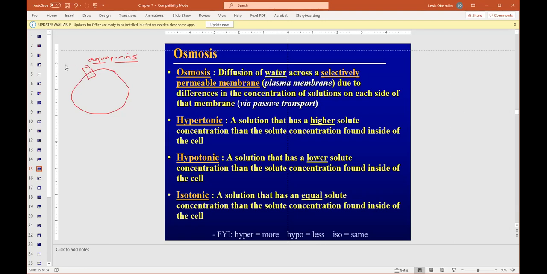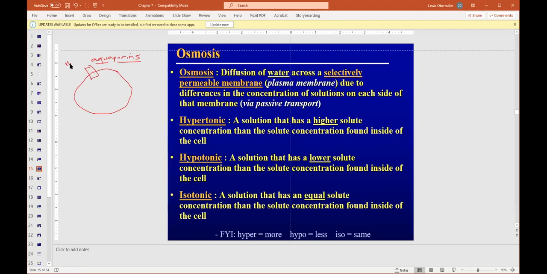So when you have water outside of the cell, it's free to go in or out of the cell through these aquaporins. It can't go across the membrane. So I might ask you on the test, can water pass across the membrane without a channel? The answer is no. And I might ask you, what's the name of that channel? You should be able to tell me it's an aquaporin.